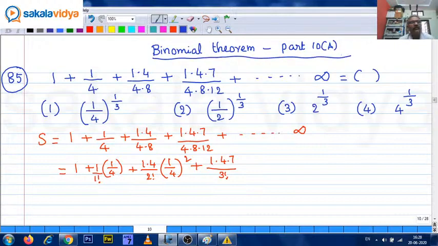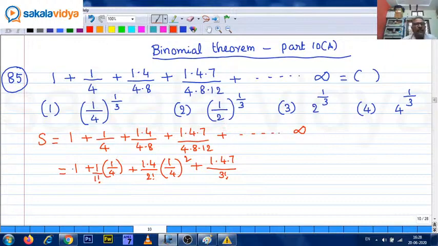So this is question 85: 1 plus 1 by 4 plus 1 into 4 by 4 into 8 plus 1 into 4 into 7 upon 4 into 8 into 12 plus, and so on to infinity, we need to find out. Let this sum be s.